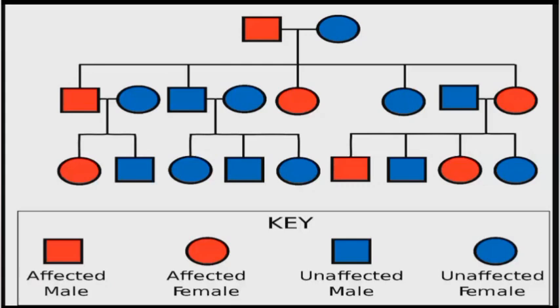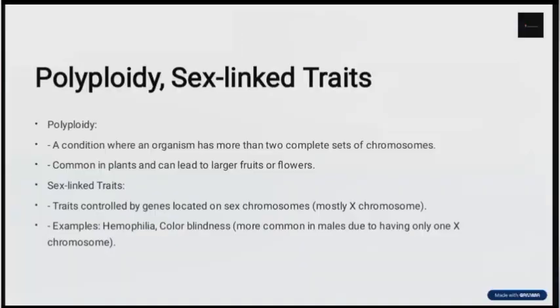Alright. So, polyploidy. First of all, what you have been looking at so far is diploidy in human beings. But a condition can occur in organisms that have more than two sets of chromosomes, and we call it polyploidy.